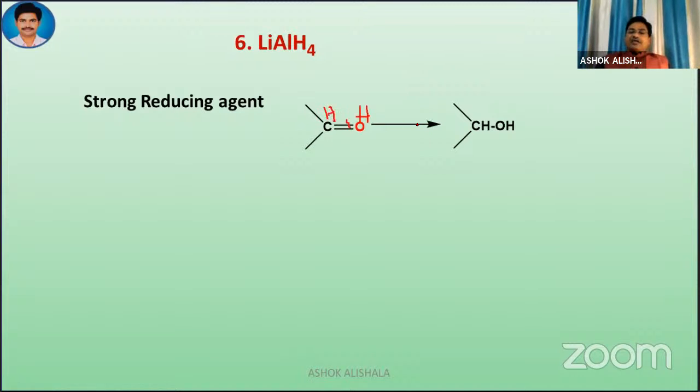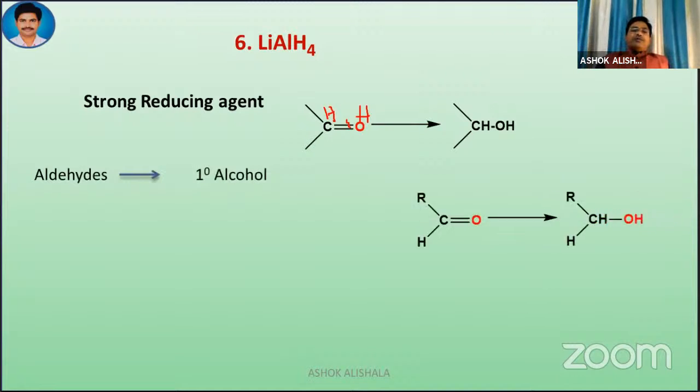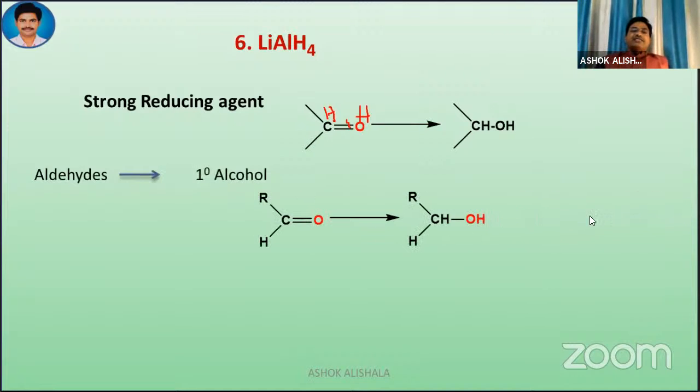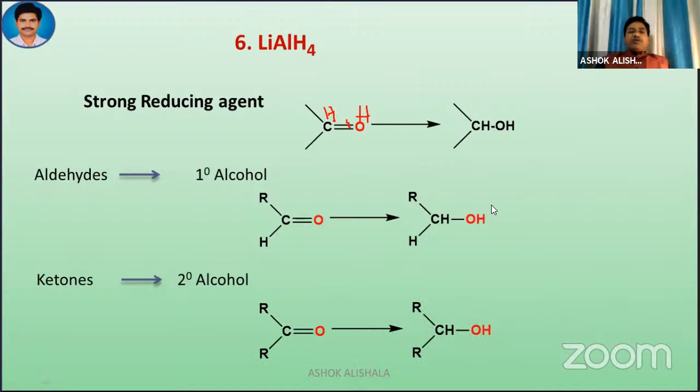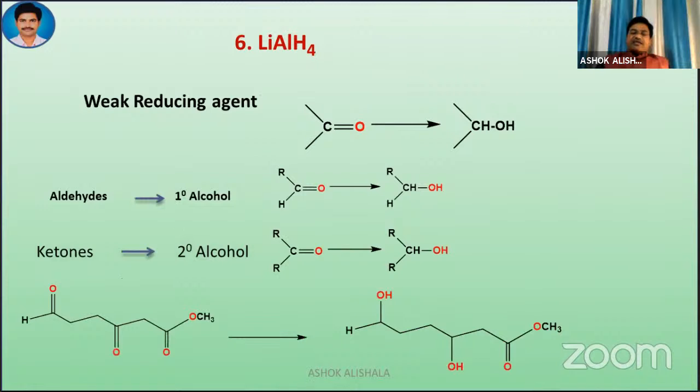That is, an alcohol results. See, aldehydes will give primary alcohols. This is an aldehyde, therefore you will get a primary alcohol. Whereas ketones will produce secondary alcohols.